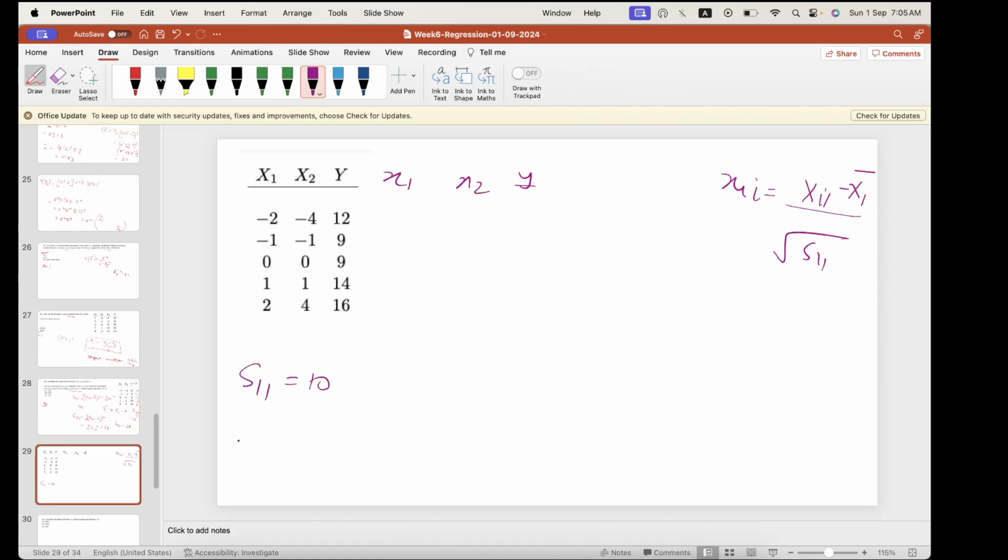S22 is 34. And SYY is 38. So this will be minus 2 by root over 10. Okay, so then how much does this come? So minus 2 divided by square root of 10.